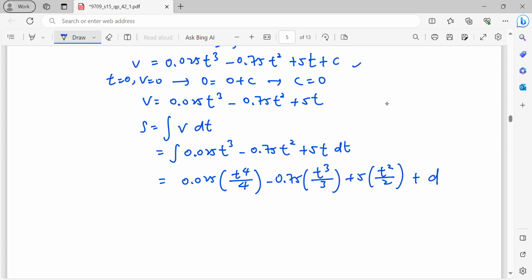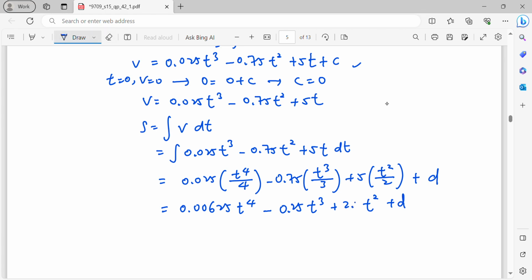So now simplify first. 0.025 divided by 4 will be 0.00625 t to the power 4. Then minus 0.75 divided by 3 will be 0.25 t cubed. Then 5 divided by 2 will be 2.5 t squared. After that, plus d.